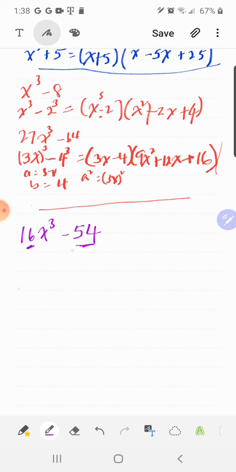But if I factor out 2 from here, both have 2 as a factor, because 2 times 8 is 16, 2 times 27 is 54. I can factor the 2 out. So it becomes 8x cubed minus 27, since 54 divided by 2 is 27. So we have to find the factors for 8x cubed minus 27.